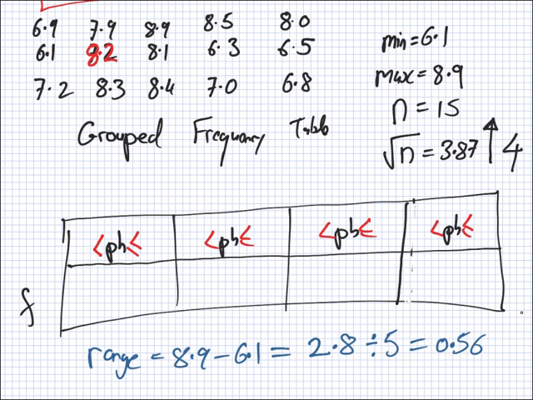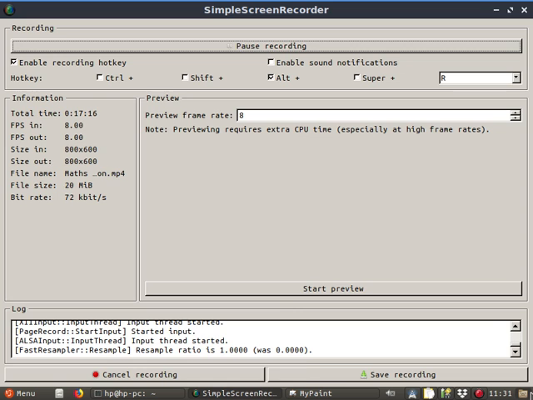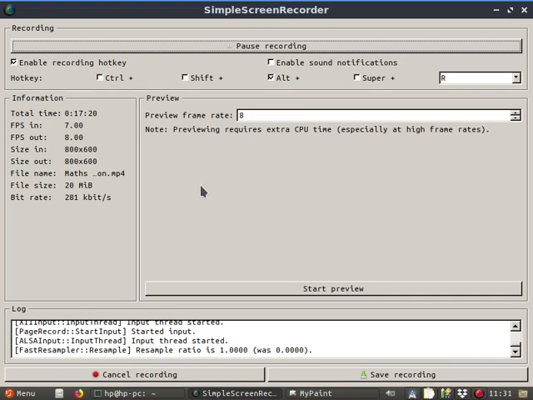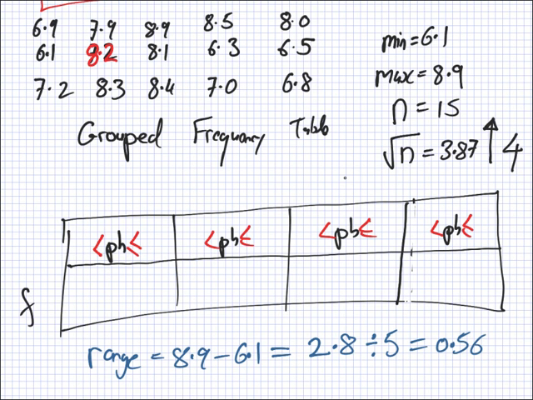Would that work? So if you just take your calculator out, what do we get here? Let's see. Let's open the calculator.